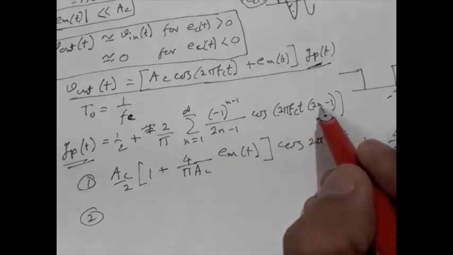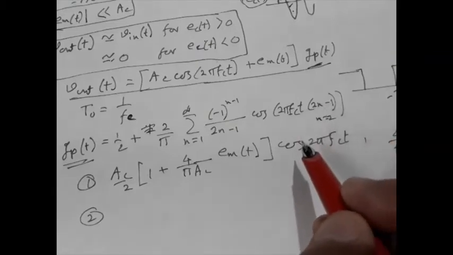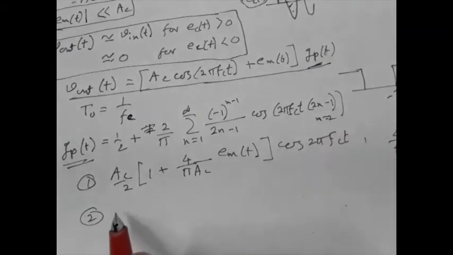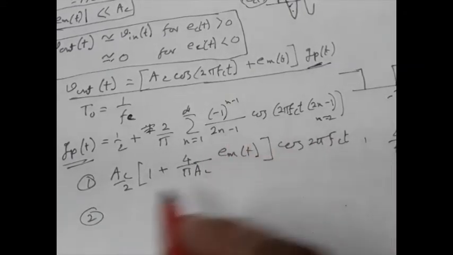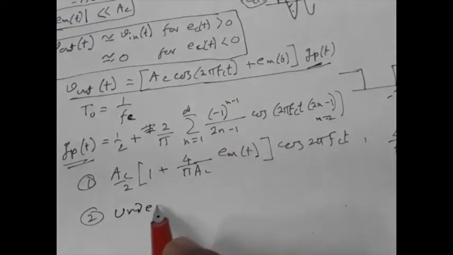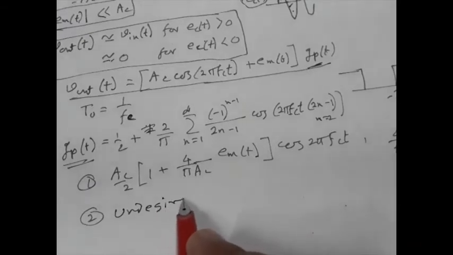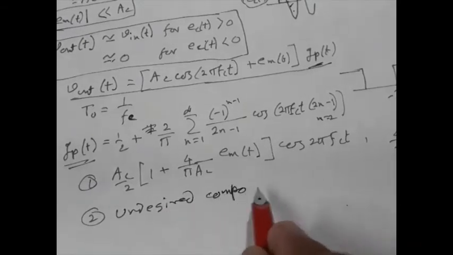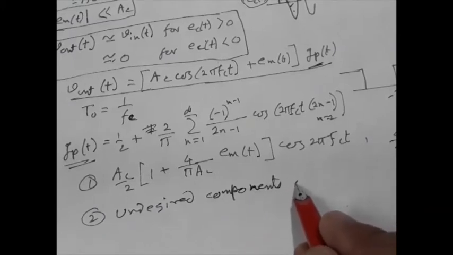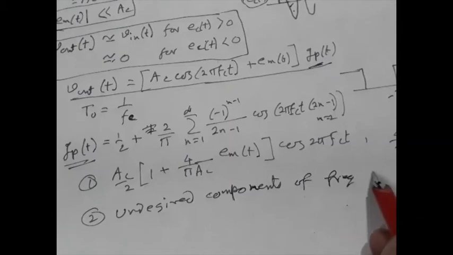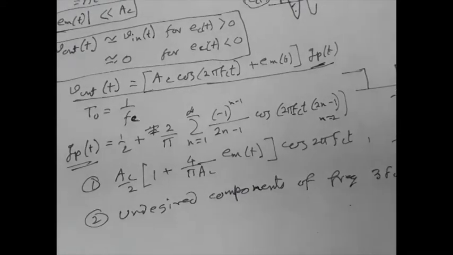If we put n equal to 3, then it would become 6 minus 1, that is 5 fc. That means the other components that will be generated for higher values of n are the undesired components of frequency 3 fc, 5 fc, etc.